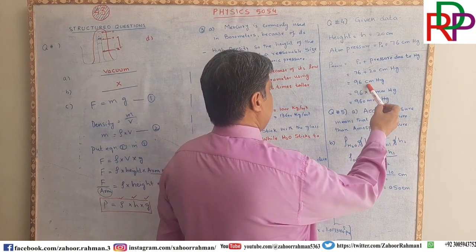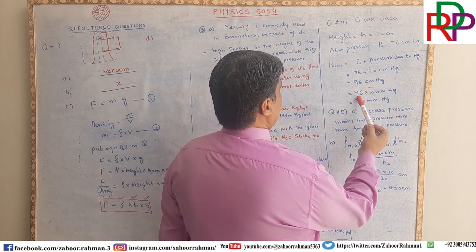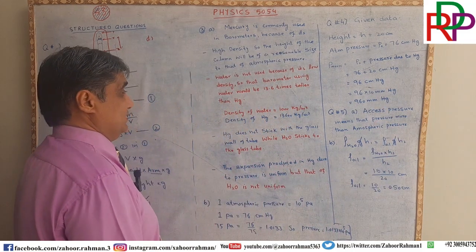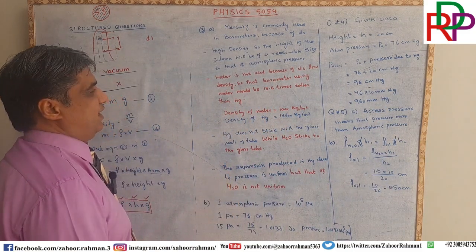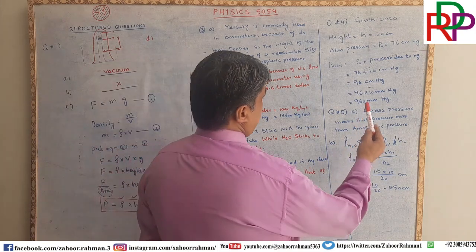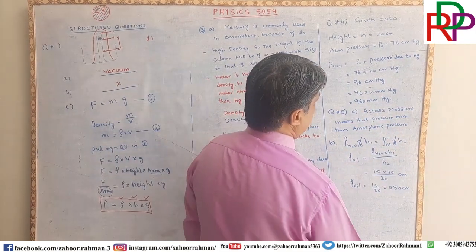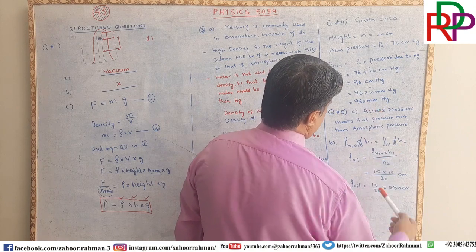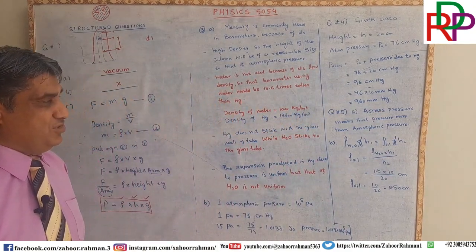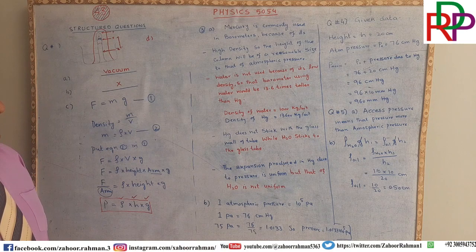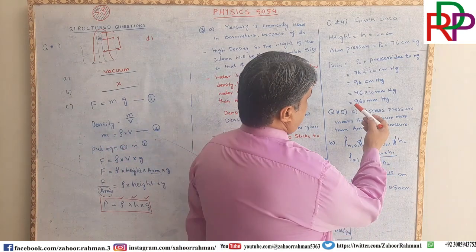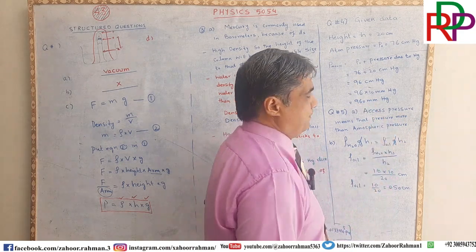In 1 centimeter there are 10 millimeters, so 96 multiplied by 10 millimeter will be equal to 960 millimeter of Hg.